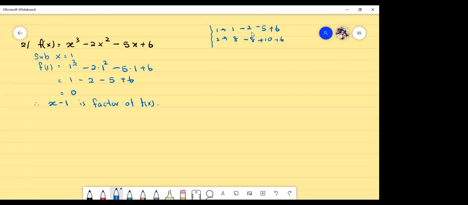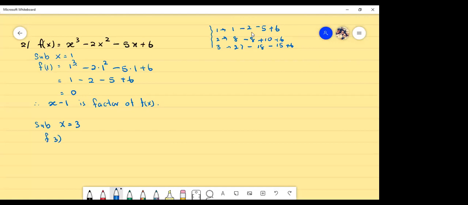Right? Then next value, we try 2: 8 minus 8 plus 10 plus 6. Then 3: 27 minus 18 minus 15 plus 6, that is 0. Then we substitute x equal 3.